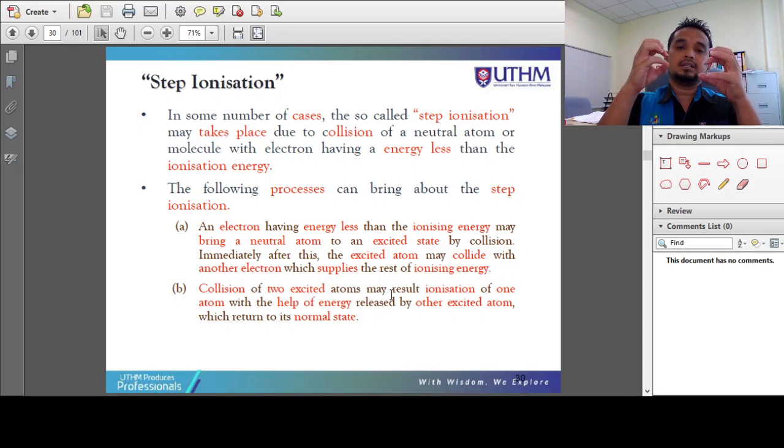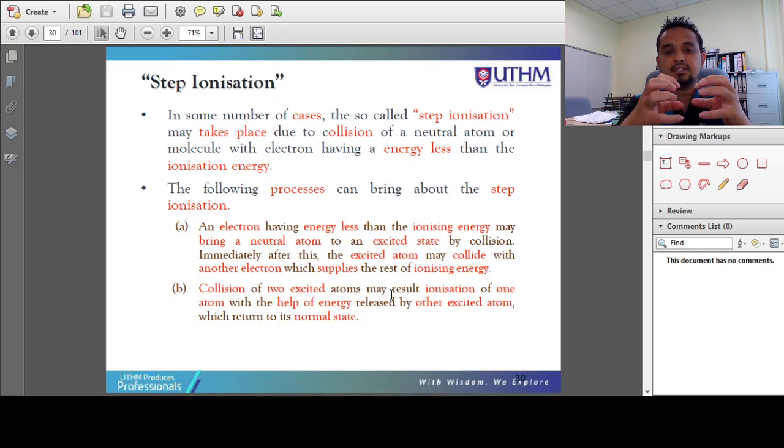This means that the energy obtained by the molecules is greater than the ionization energy, so the electron should be able to escape from the molecule and trigger the ionization process. This can happen, and this is normally referred to as step ionization.